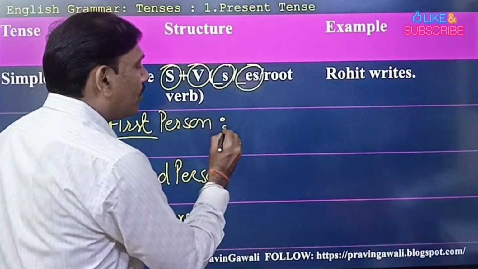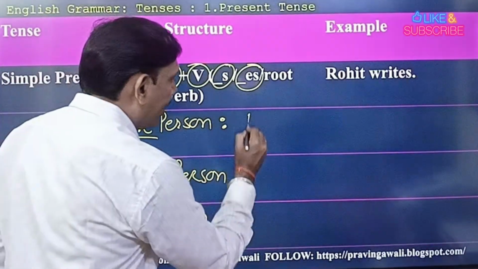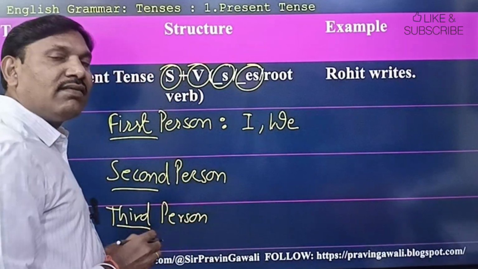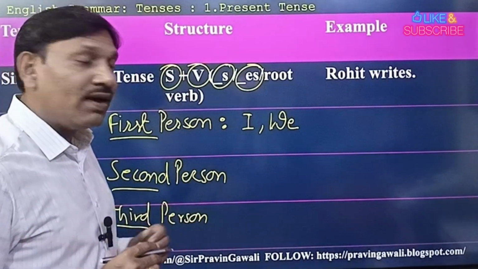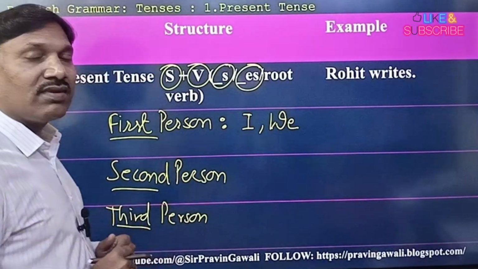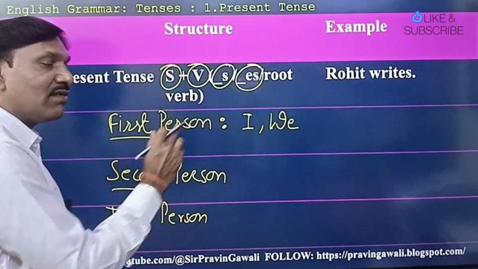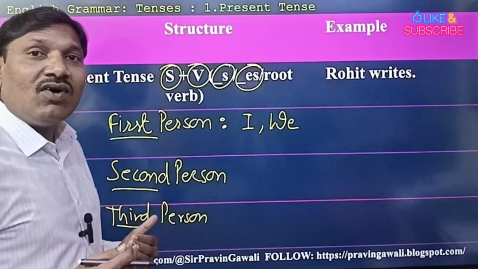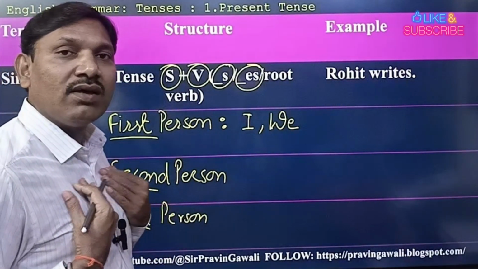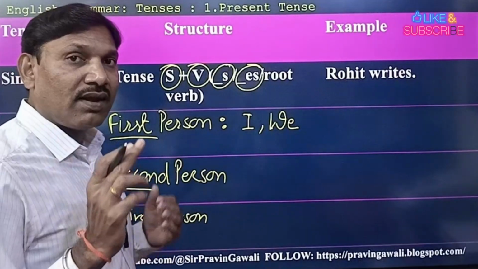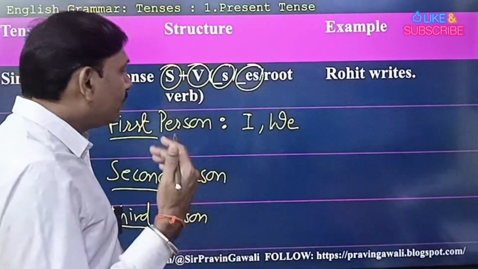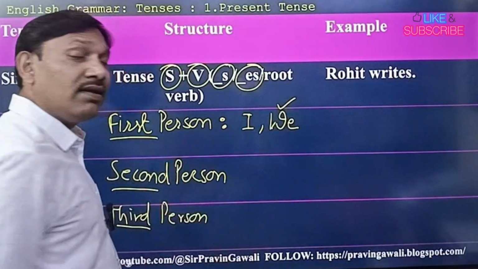For example, first person: I and we. I is the first person singular and we is the first person plural. Pronouns. First person means the speaker or the writer is called the first person. For example, I am speaking now here, so I am in first person. We means first person plural.